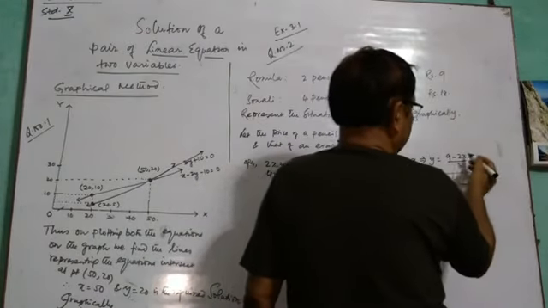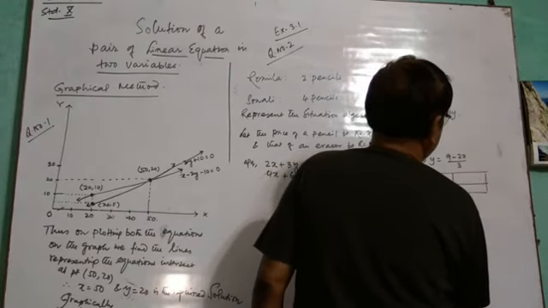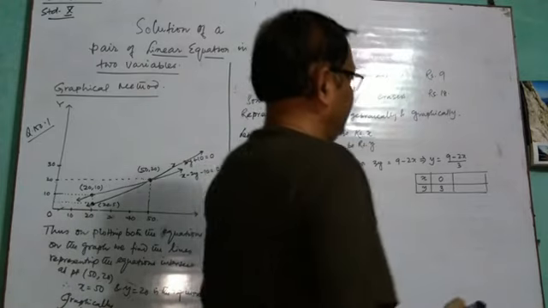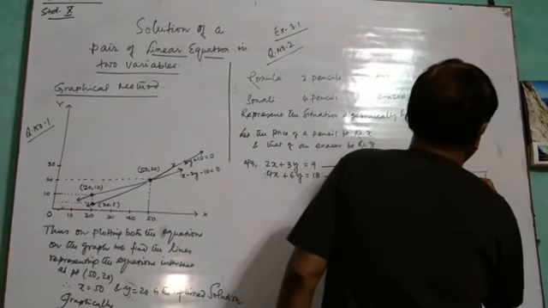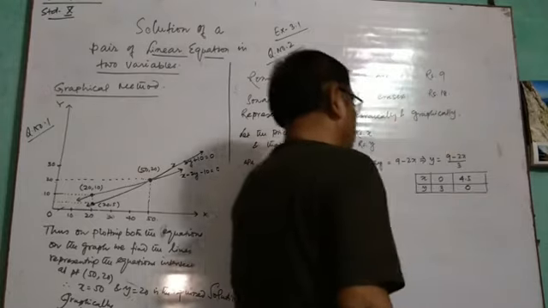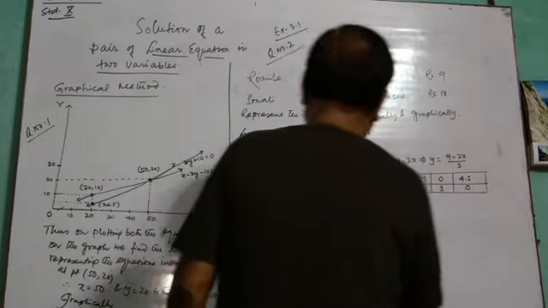Say, if we put the value of x equals 0, we will get 9 minus 0 by 3, that is 3. If we put the value of x equals 4.5, then y becomes 0. So 2 sets of values for equation number 1 we have done.